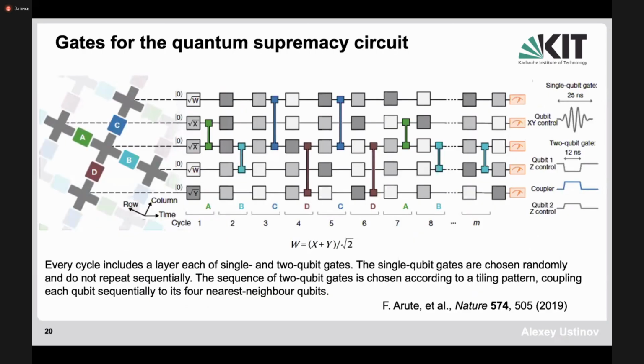Дальше это вентили, которые использовались в эксперименте по квантовому превосходству. Довольно сложная работа, там больше 60 страниц, ее интересно почитать. Но простая мысль в том, что здесь использовались однокубитные вращения и двухкубитные вентили между соседними кубитами.